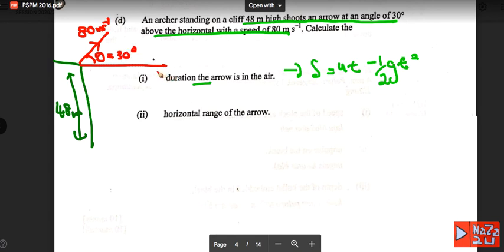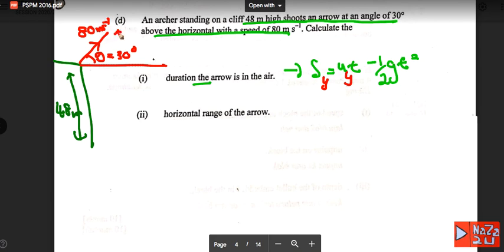Now to find the time of flight, we consider the vertical motion, sy and uy.